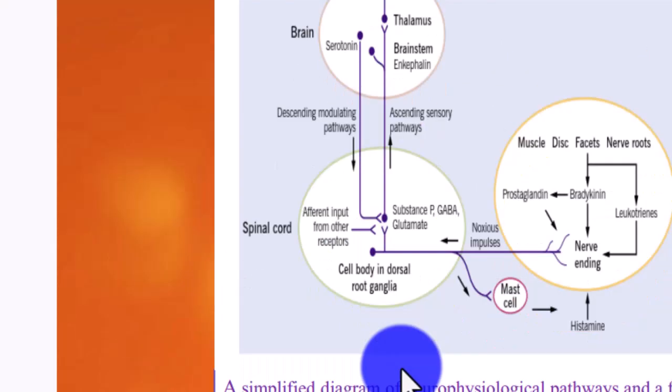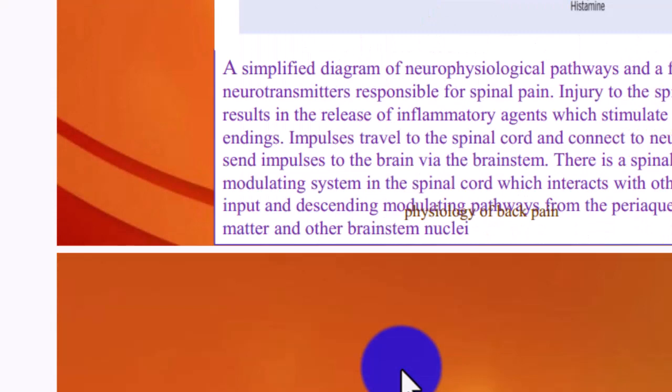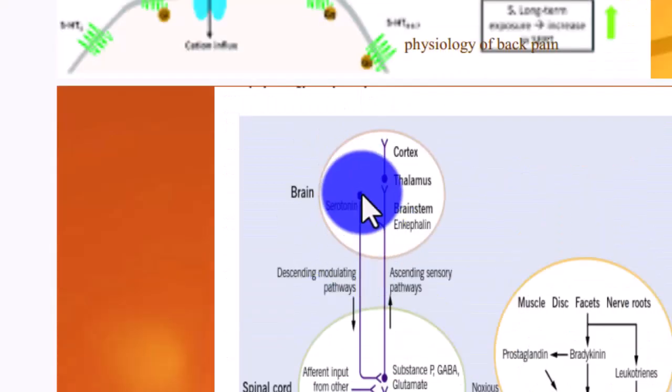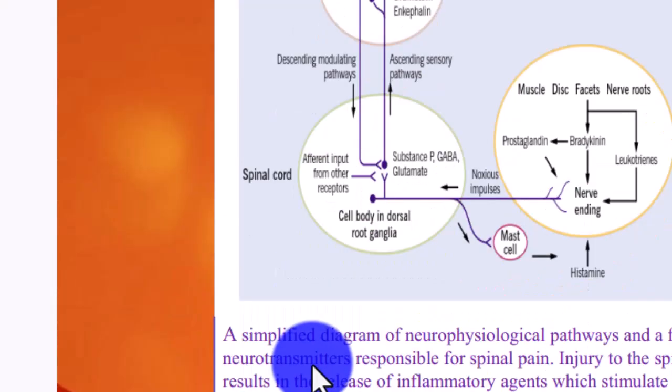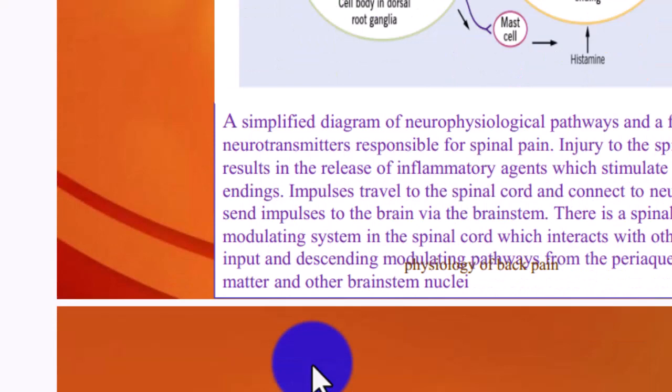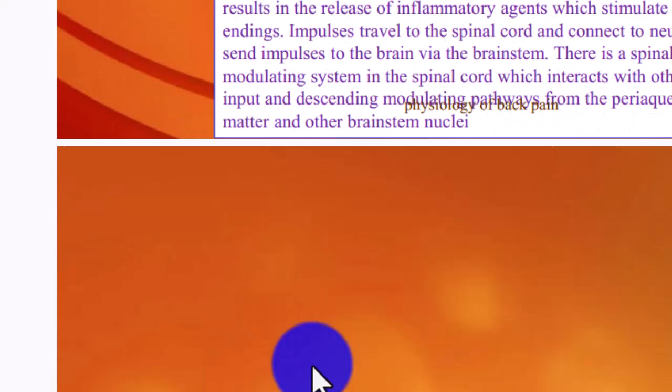Here there is a spinal cord modulating system, which interacts with other afferent input. Here is the descending modulating pathway from the periaqueductal gray matter and other brain stem nuclei.